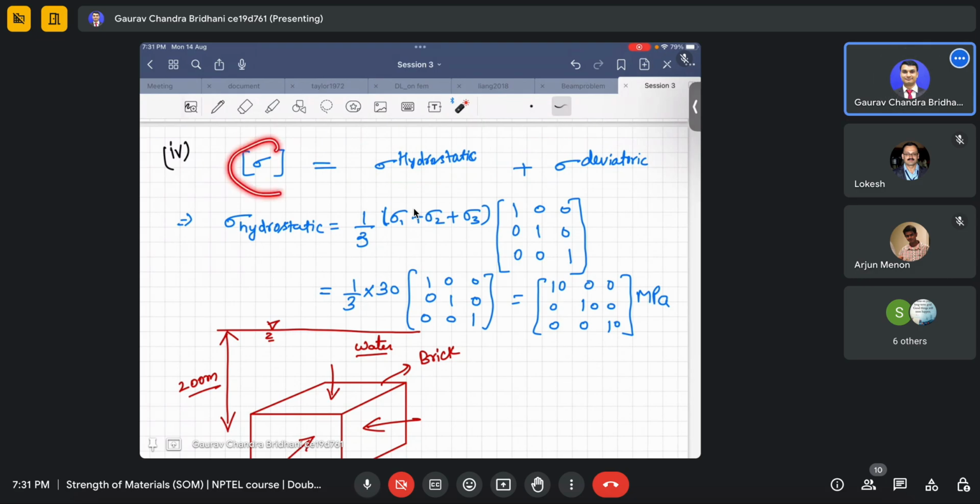If I represent it in terms of only the principal stresses, the deviatoric will become different, but the hydrostatic will always remain the same. The deviatoric depends on the way we are representing the sigma. I hope that was fine.